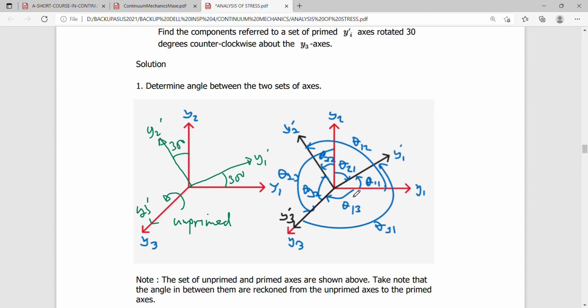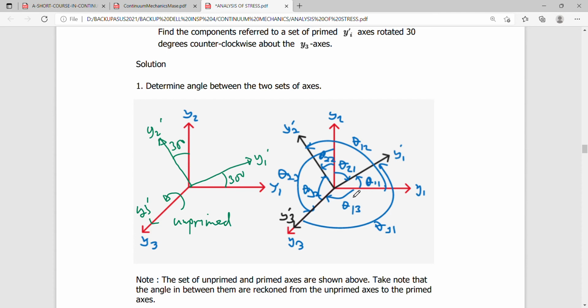Now, the choice of having a cosine matrix, or the matrix of direction cosine, was made to note that the cosine of the angle which is more than pi, or 180 degrees, will give you the negative of the other.